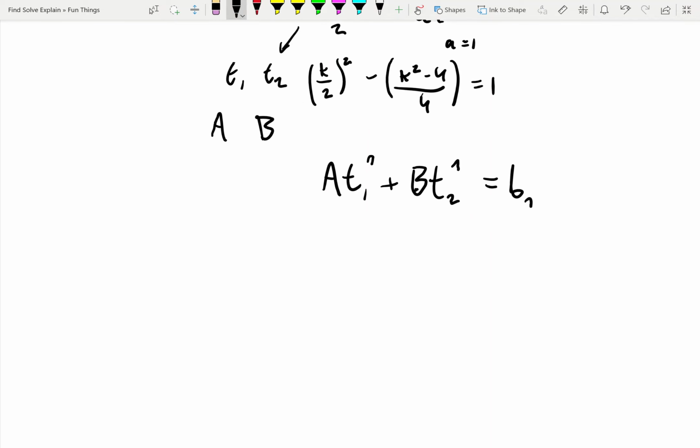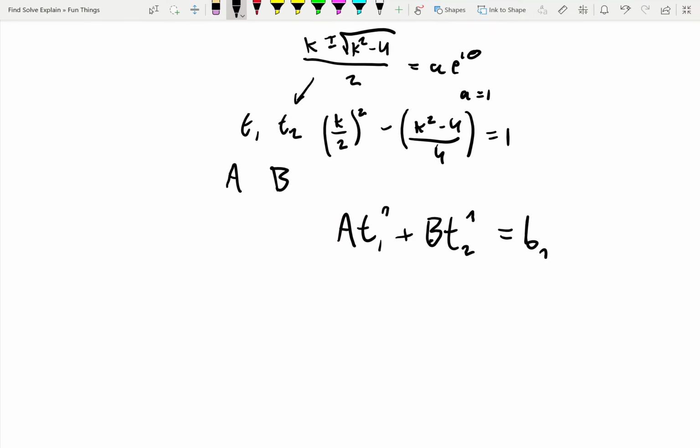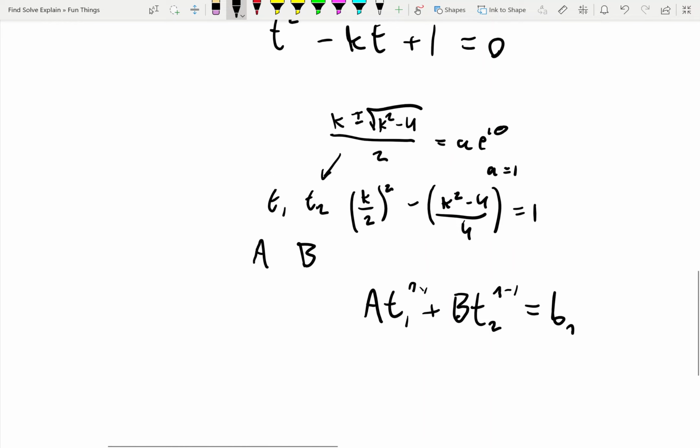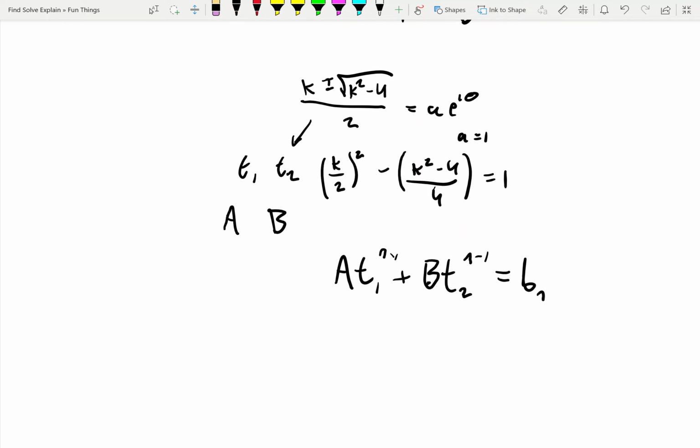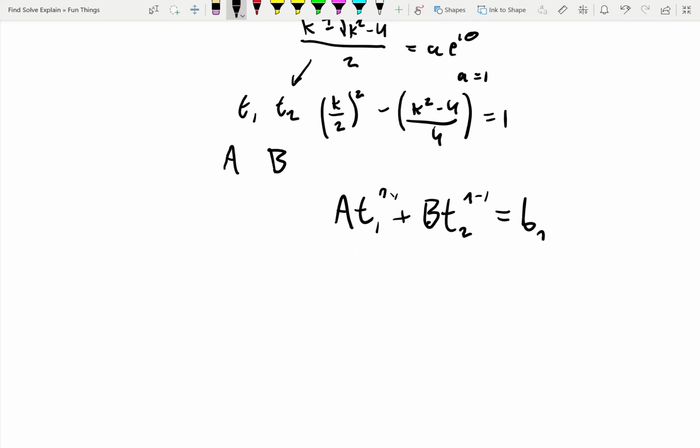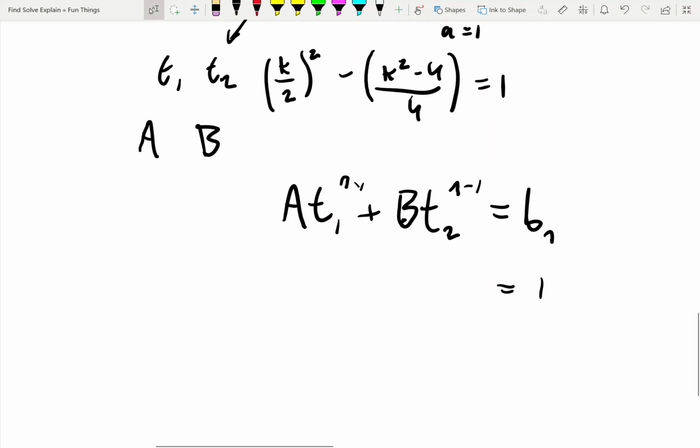So by taking n equals 1, we get b1, which we know is 1, is equal to a plus b.